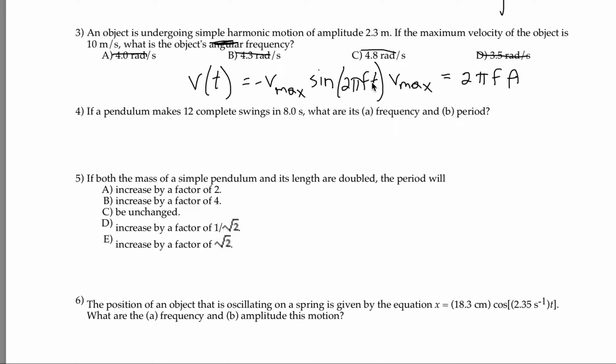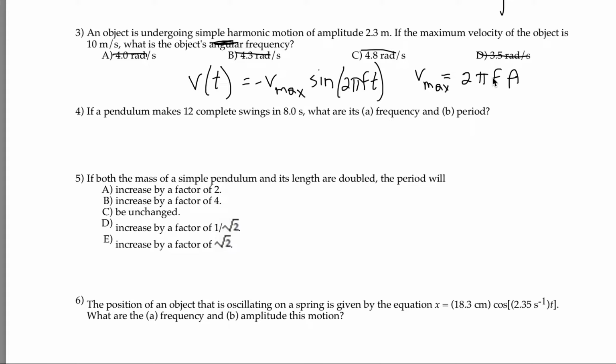This was the equation of motion for a mass on a spring, and we said that this vmax was equal to 2 pi f times a. So once we realize the equation, this one is a plug and chug.